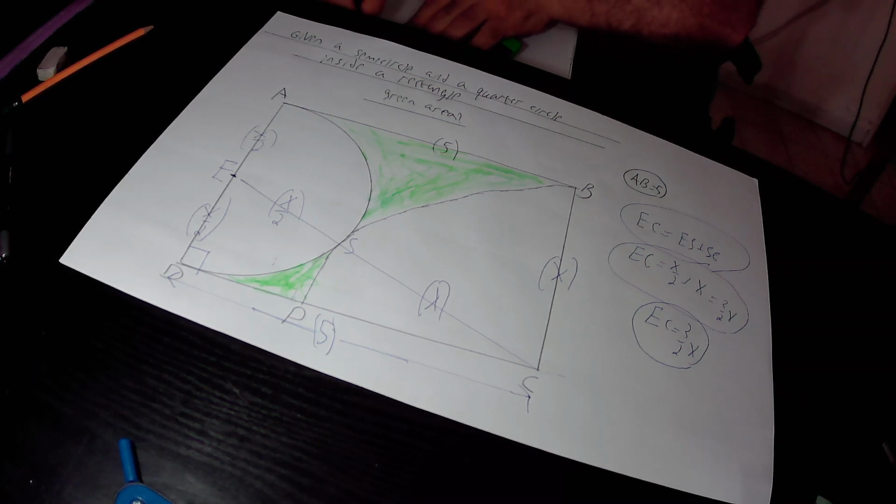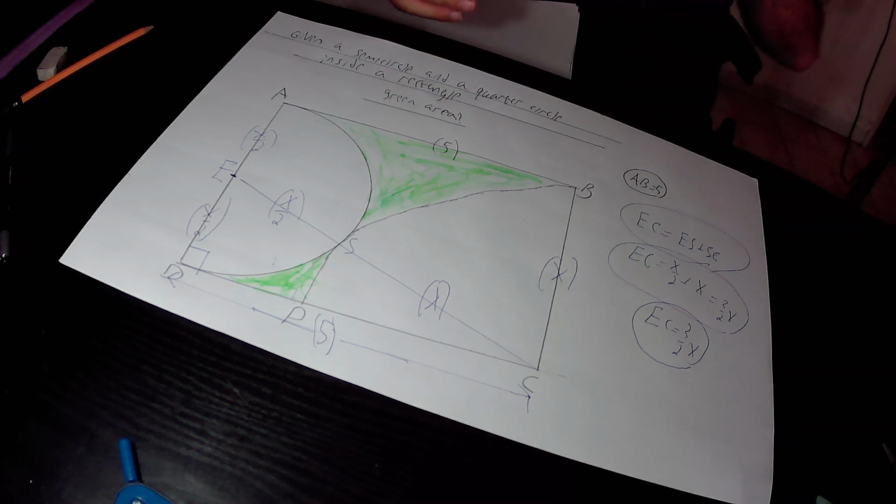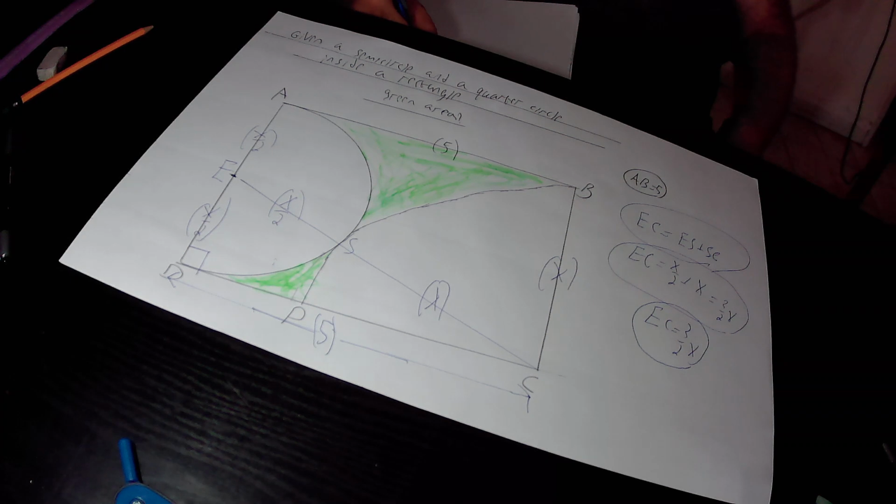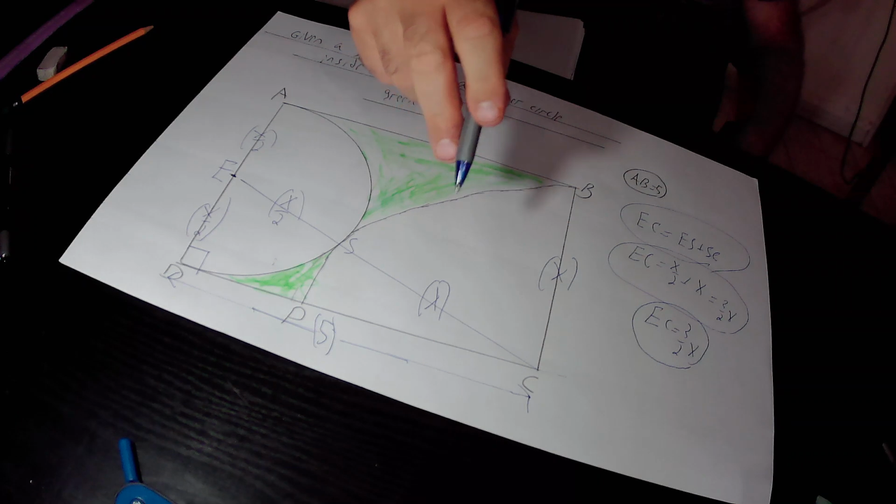Actually, from the drawing, it is very easy to see that the area of the green shape equals the area of rectangle ABCD minus the area of this semicircle minus the area of this quarter circle.